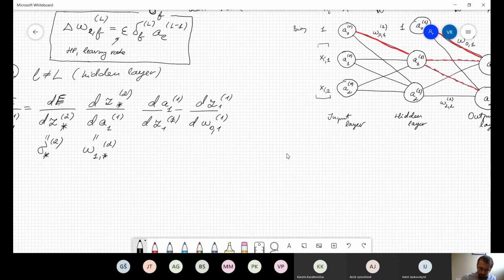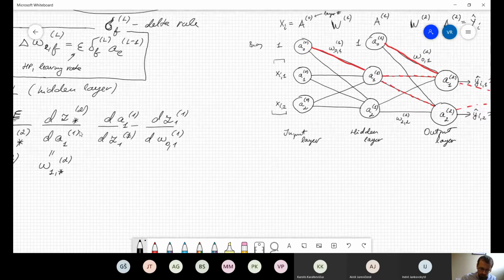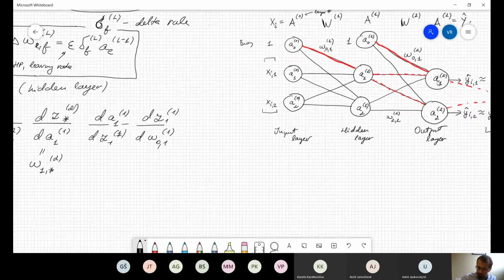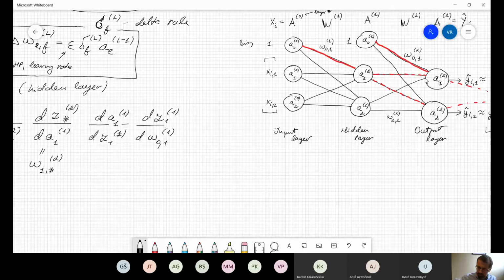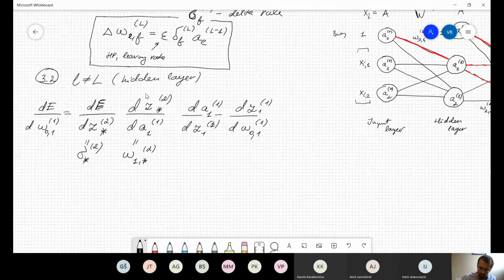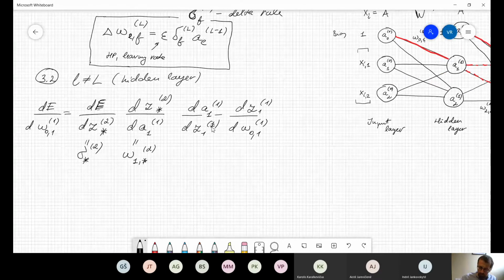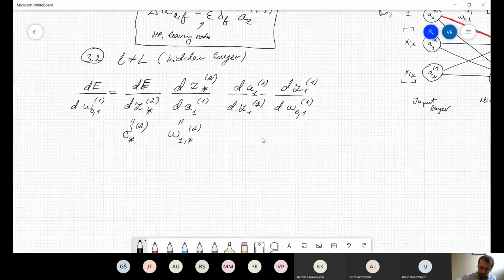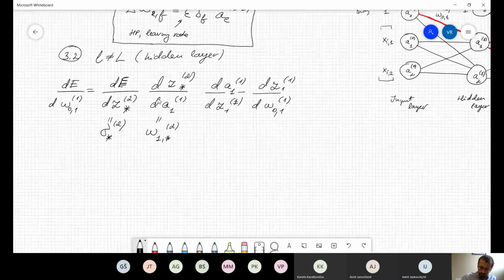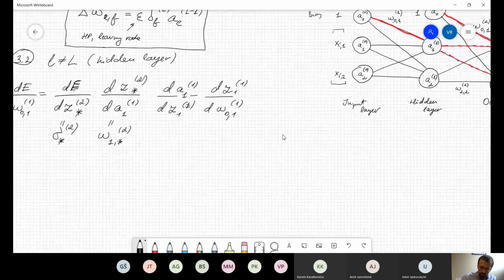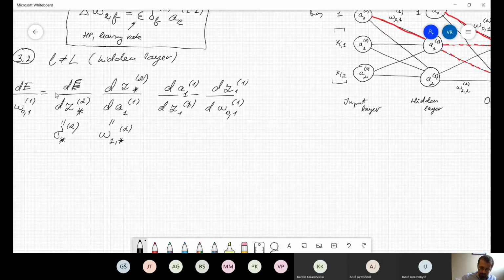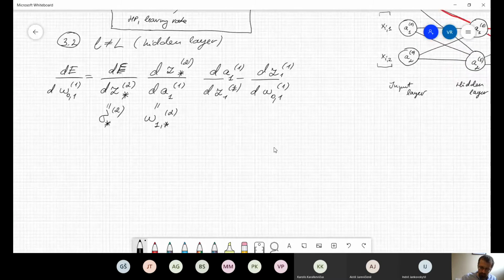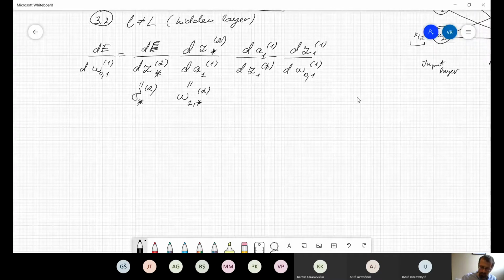Okay, so net input. What we wanted to have is the net input on both of these output neurons, coming from this specific activation. This is what we looked at, and then we looked into these and these. So this is the chain rule which we constructed from the error through the delta rule on the output neurons, and gone through to the actual weight now.